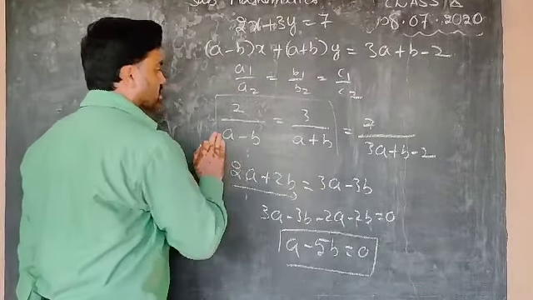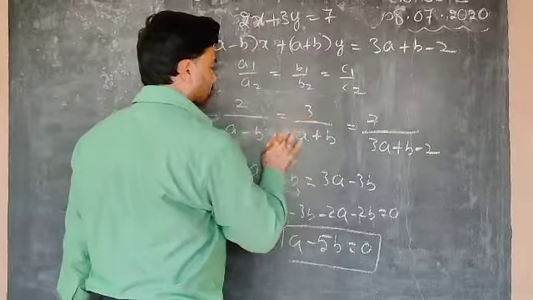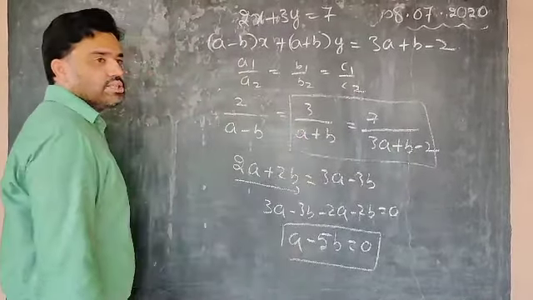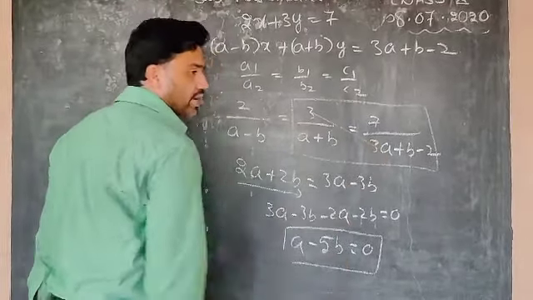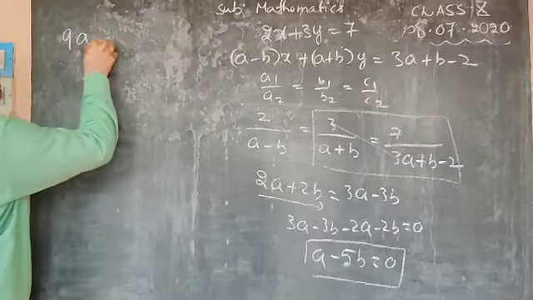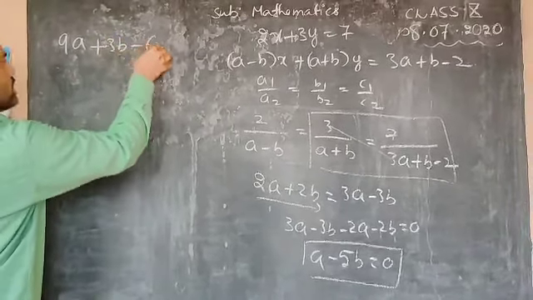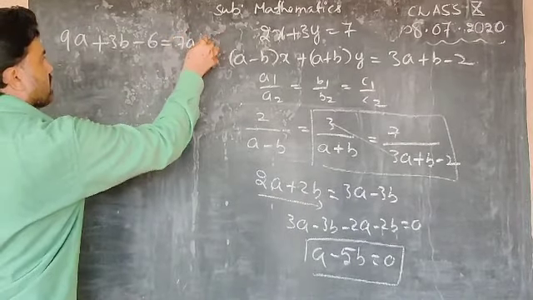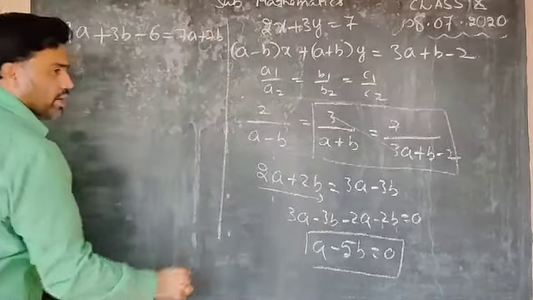Now equate second and third, that is b1 by b2 is equal to c1 by c2. Multiply by 3: 3 into (3a), 9a, 3 into b, 3b, 3 into minus 2, minus 6. Now multiply by 7: 7 into a, 7a, 7 into b, 7b.